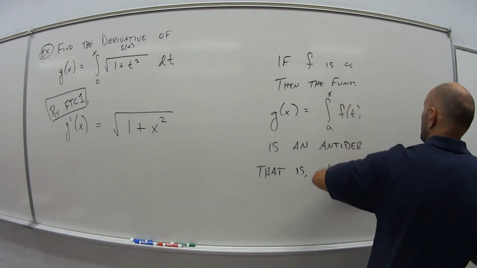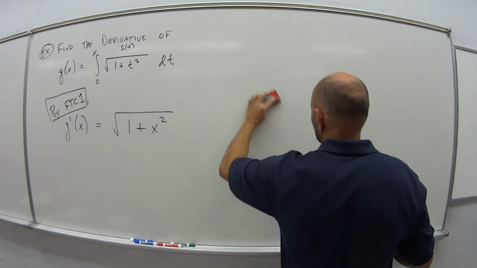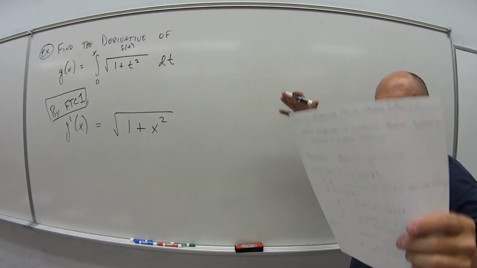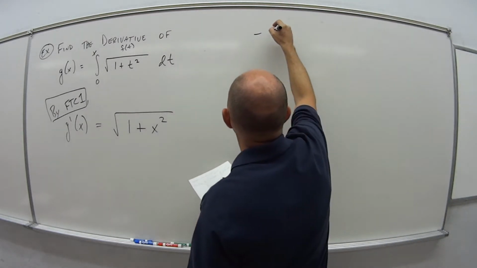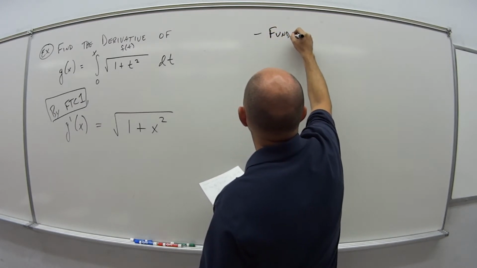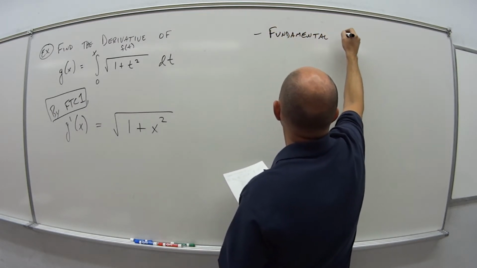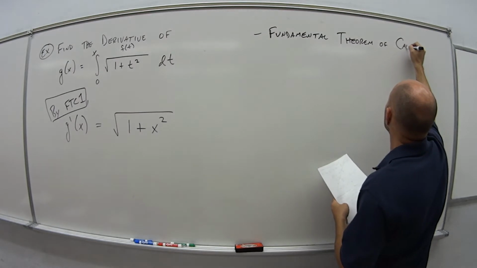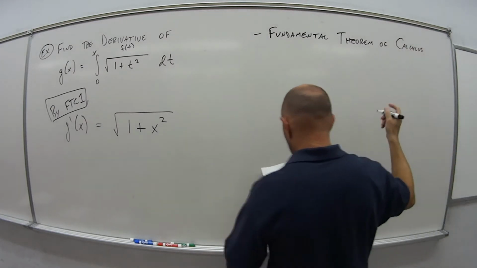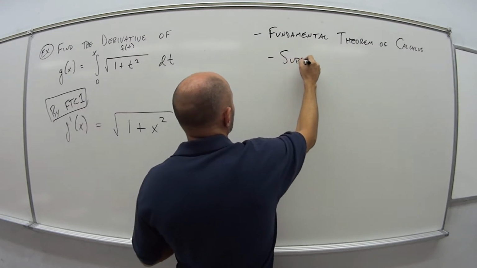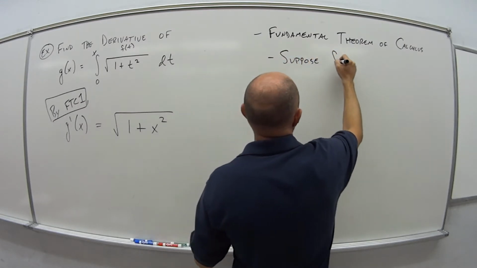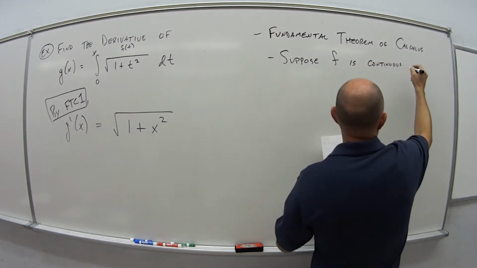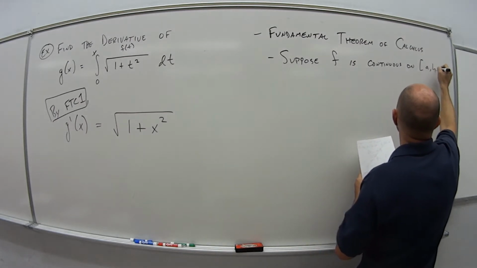Part 2 is what we did in the last section, which is the evaluation theorem. We now add it to what's known as the overall fundamental theorem of calculus. So we have the following. Suppose f is continuous on the closed interval [a, b].